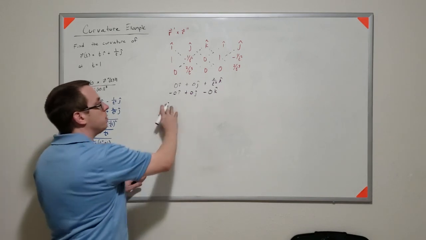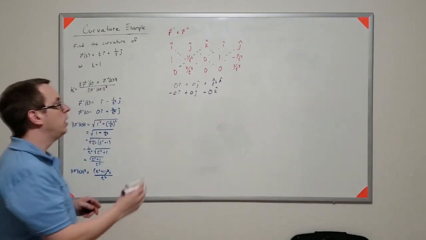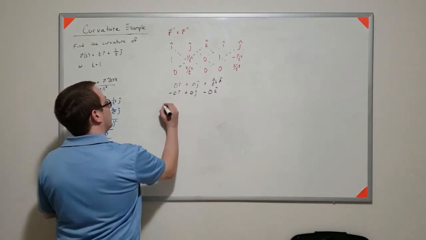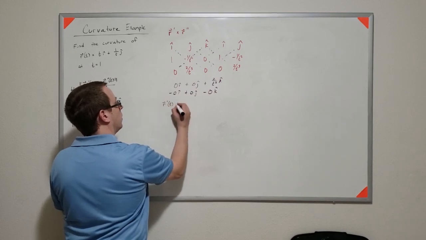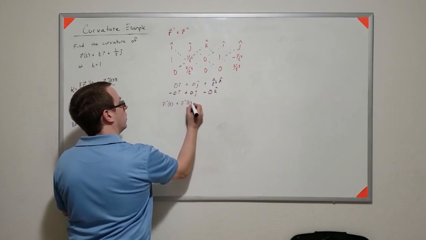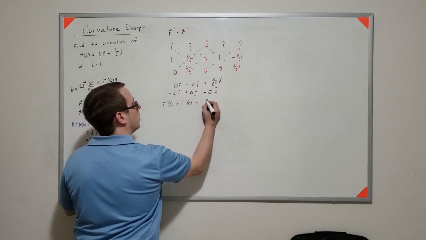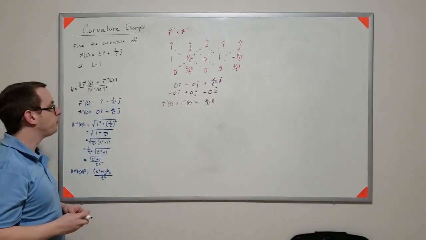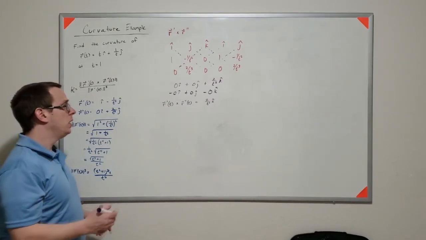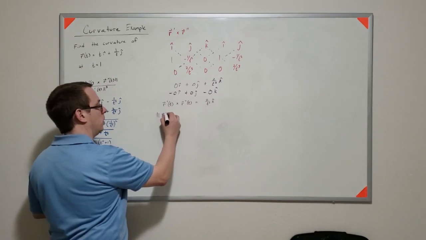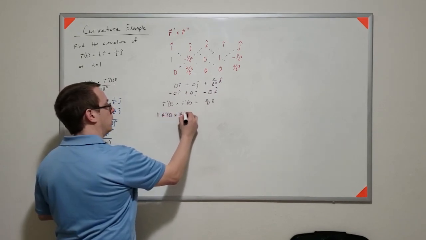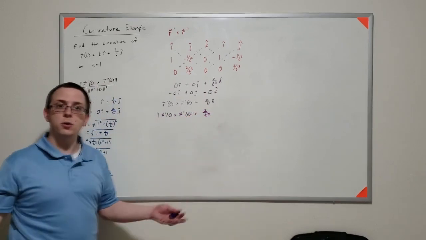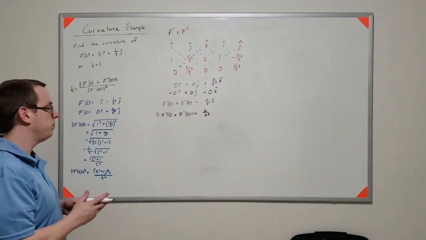So in this particular case, my cross product results in a vector that only has one component: 2 over t cubed k. And that's kind of nice. So when I take its magnitude, I only get 2 over t cubed because I only have something in that direction.